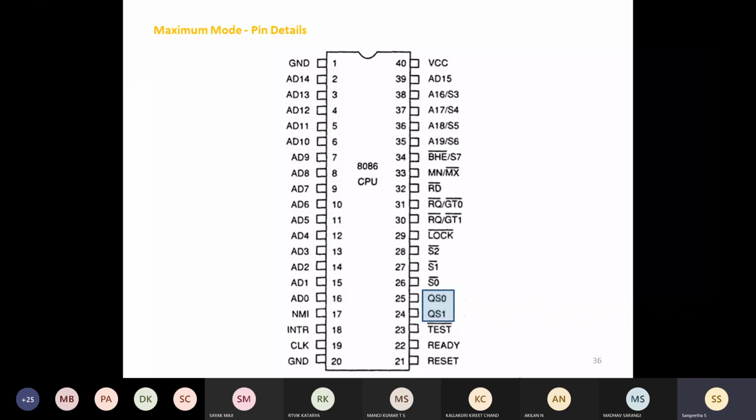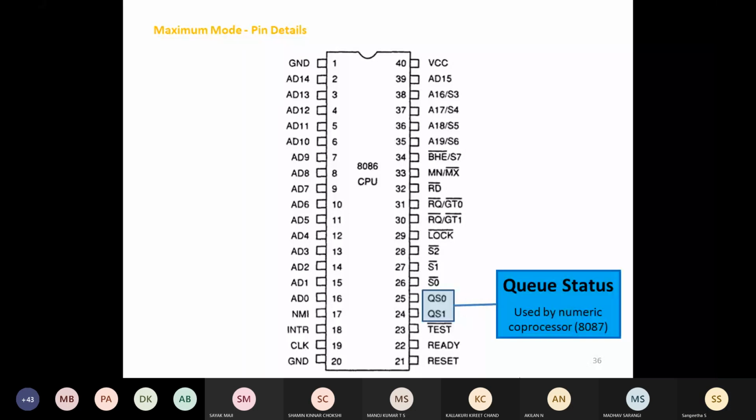In previous processors they would not use it like that; once fetch, decode, execute was completed, only then the next instruction would be fetched. But here, while executing itself, you are able to fetch. If a 2-byte hole is present, then the queue will be filled and updated. Like that, a procedure is followed.